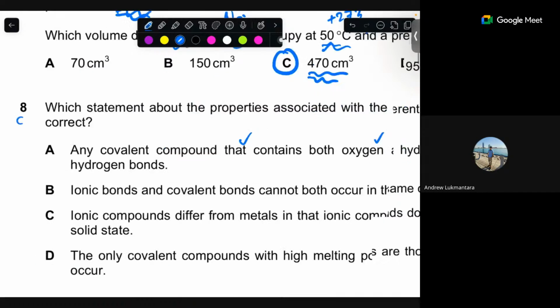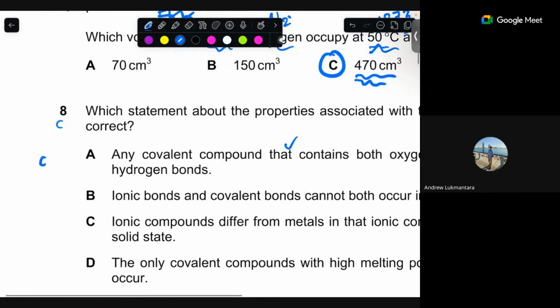For example, if you have C double bond O and then H over here, the delta negative will be here, but this hydrogen does not have any delta positive.